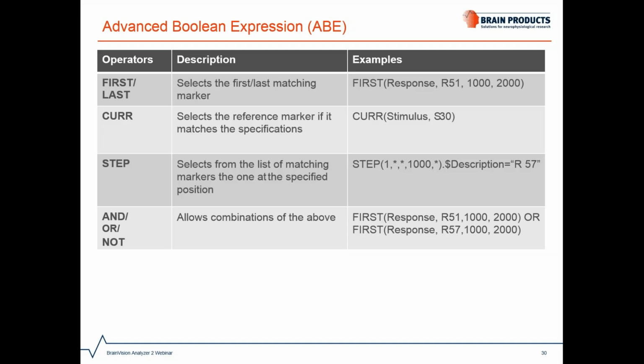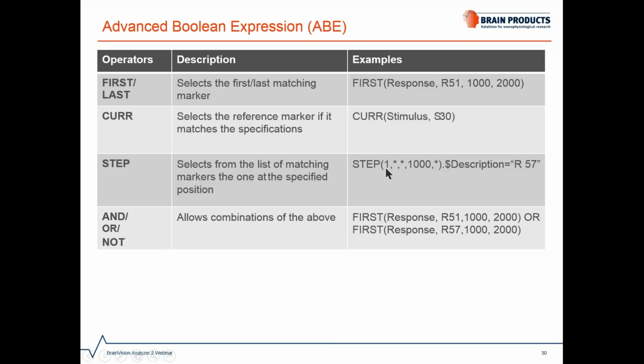The step operator again works like first and last, but you can define a number of steps to jump to a marker in a certain position of a sequence of markers within a search window. The example that we have here is a little bit more complex because we have these asterisks in here, which are placeholders. So let me guide you through it.